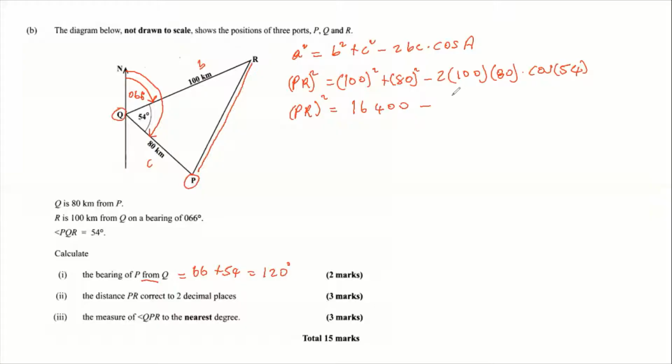And when you put this on your calculator, your expected answer would work out to be 9,404.56. And then from here, you will just do a little bit of subtraction. So we know that PR all squared is going to equal to 16,400 minus 9,404.56.